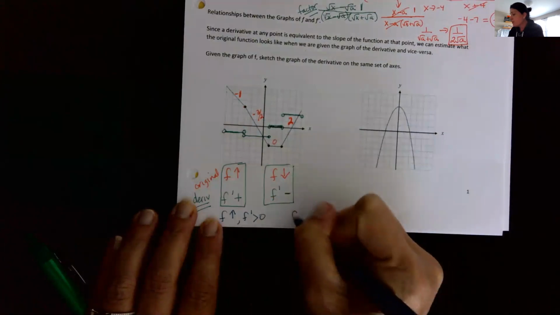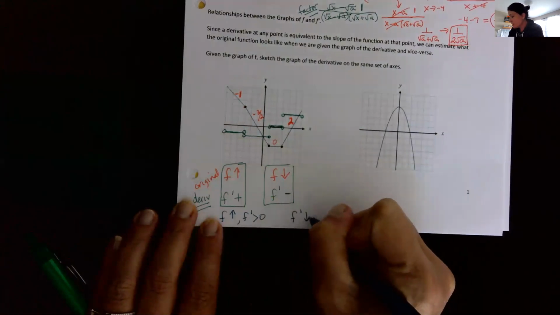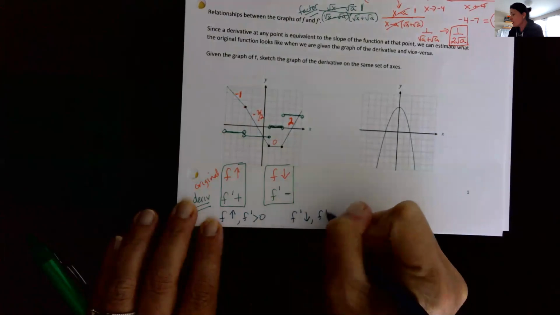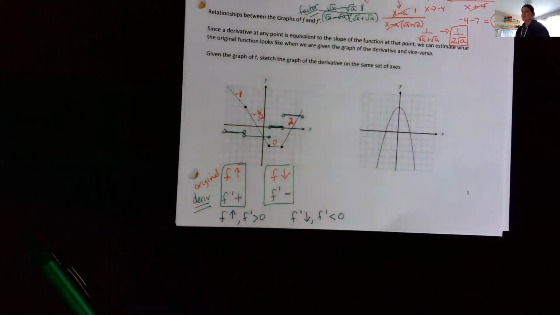Another way, a little bit more formal, if f is increasing, f prime is greater than 0. It's positive. If f is decreasing, f prime is negative. Same way to say that, negative.